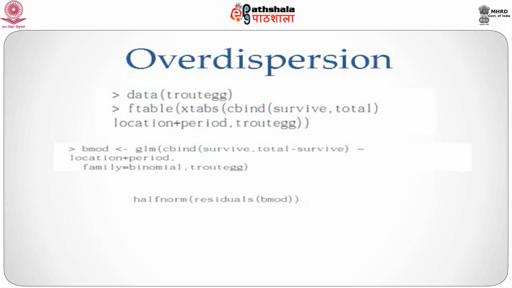This gives you a scale parameter of 5.33 and suggests that the variance is not just the usual function given by n pi (1 minus pi), but this multiplied by a factor of 5.33. We should look at the phenomenon of overdispersion in more detail in subsequent modules.